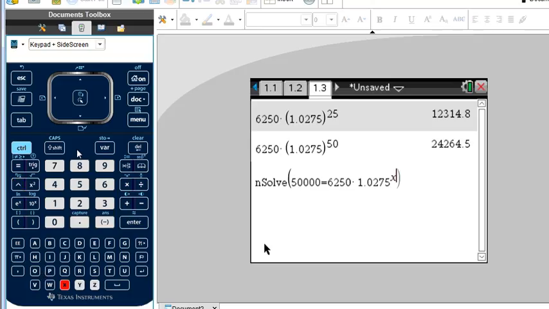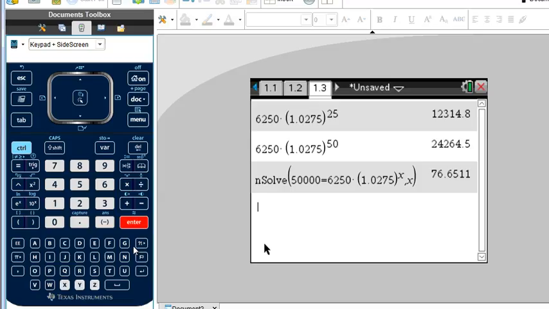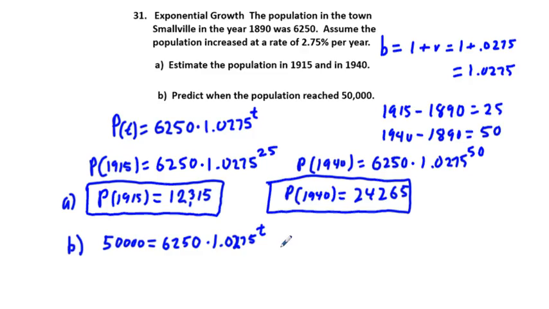And then we go down and press comma and x. And we get 76.65 years. So t equals 76.65 years.